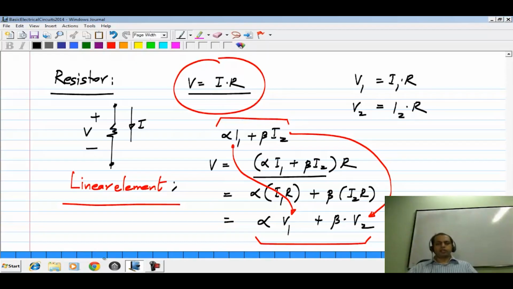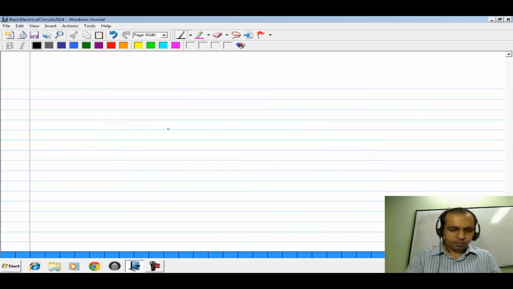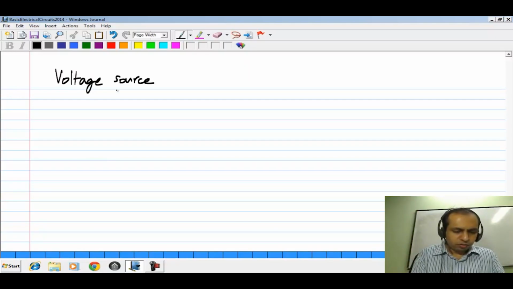Now let's try this test on other elements, particularly the voltage source and the current source, because they can be confusing. Sometimes you can apply a naive definition of linearity and say that they are linear, but they are not. So let's look at a voltage source.